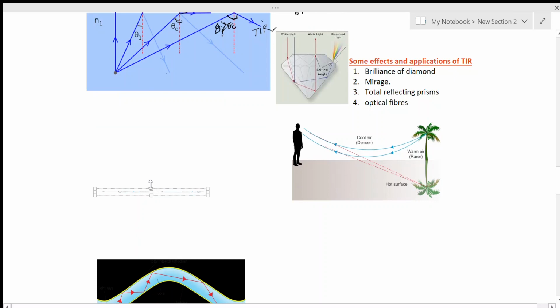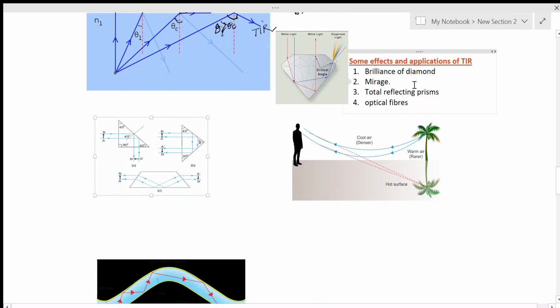So all these are applications of, or places where you will see, total internal reflection. Mirage is a phenomenon we usually see on tarred roads, or in the deserts during sunny days.